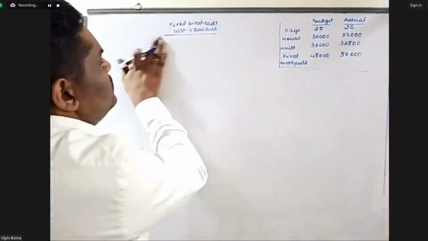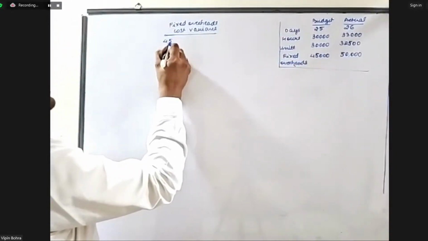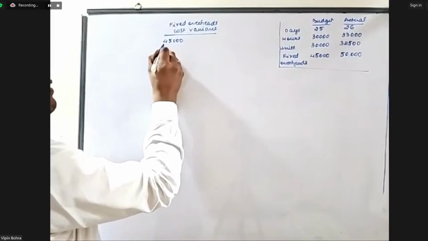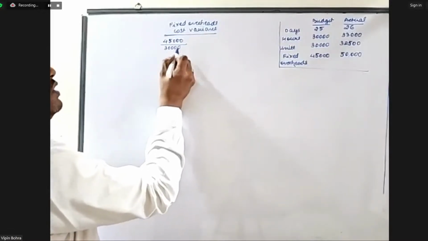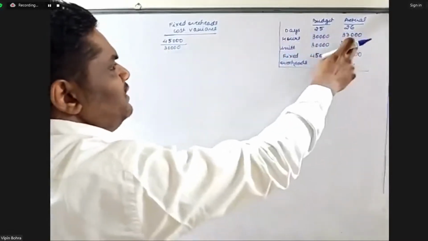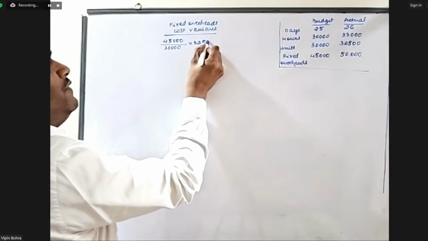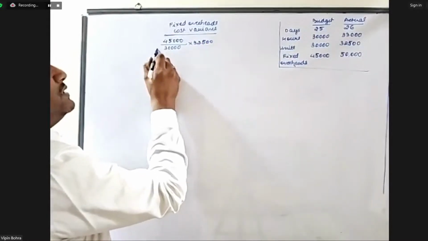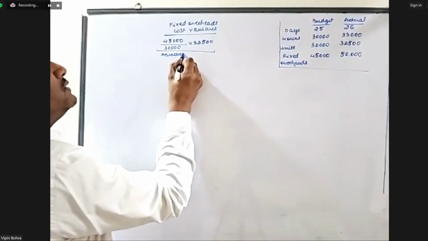Herein also the same approach applies. 45,000 overheads for how many units? For 30,000 units. So we will get the absorption rate. If we apply this absorption rate to the number of units actually manufactured, we will get the absorbed overheads.